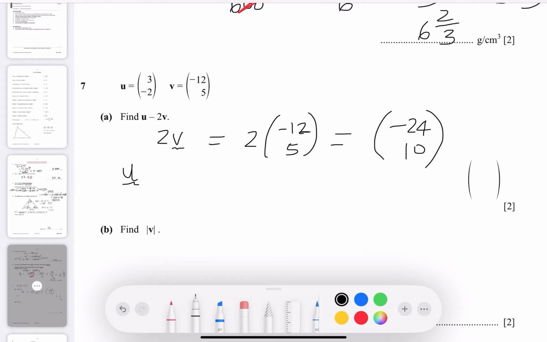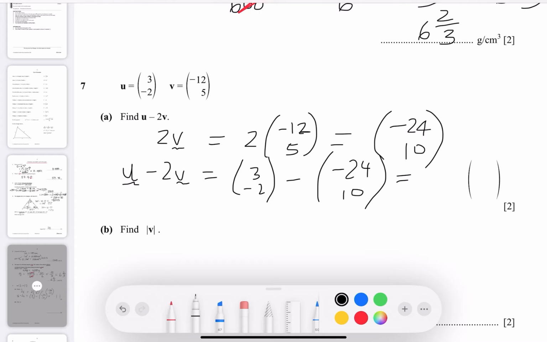And so u minus 2v is equal to (3, negative 2) minus (negative 24, 10). And the way we do this is just treat it like one line at a time.